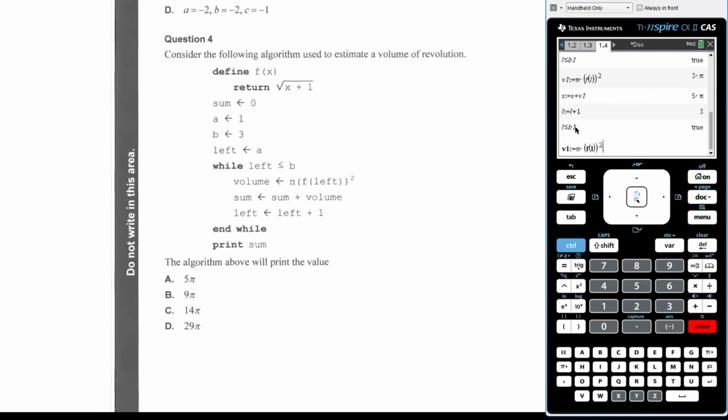And then next step, assign L as L plus 1, to a new L. That's 4. Let's go to the fourth iteration. That's false. So the while condition is no longer satisfied, and we need to jump out of the while loop. And then finally, what does it mean by print sum? That means you just enter the letter s and get the value displayed. So the final answer is option B.